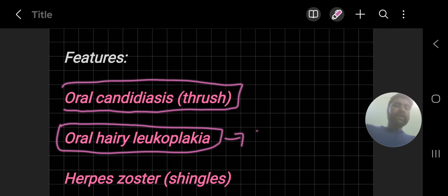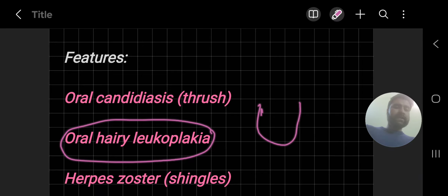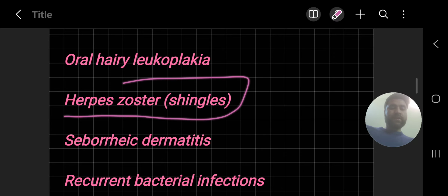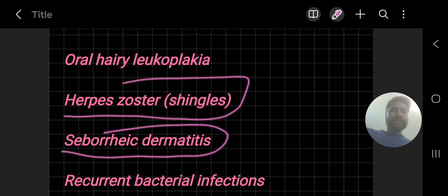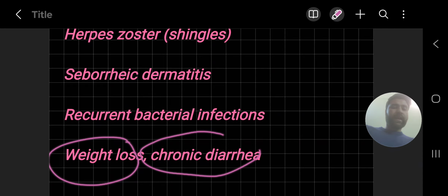It means that Epstein-Barr virus infection causes oral hairy leukoplakia, and in this case the leukoplakia is present on the sides of the tongue and it cannot be removed from the tongue. Then herpes zoster, shingles reactivation, seborrheic dermatitis and recurrent bacterial infections, weight loss and chronic diarrhea.